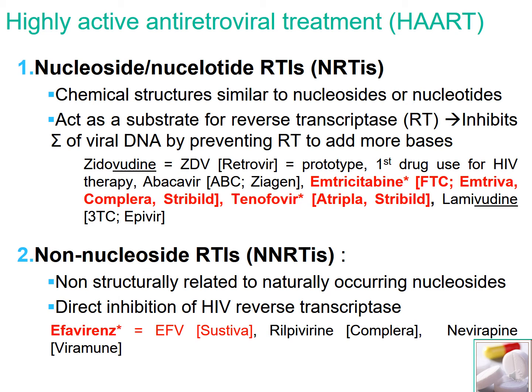If you block the reverse transcriptase, you block the incorporation of those nucleosides or nucleotides into either the RNA strand or the DNA strand. They have a similar structure to the naturally occurring nucleosides or nucleotides. They act as a substrate for the reverse transcriptase, and therefore they inhibit the synthesis of the viral DNA by preventing the reverse transcriptase from adding more bases into either the mRNA or the DNA structure.